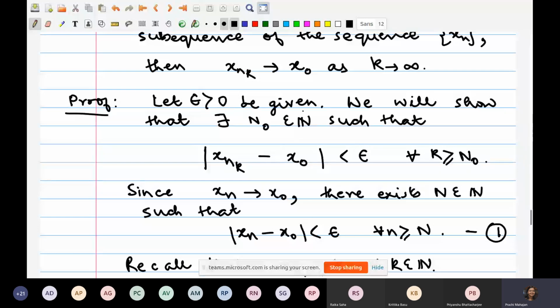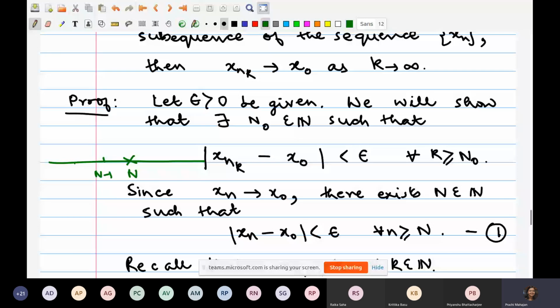So for example, let me try to draw a picture here. If this is the number line, this is capital N, this cutoff. I will have N minus 1 here and so on.